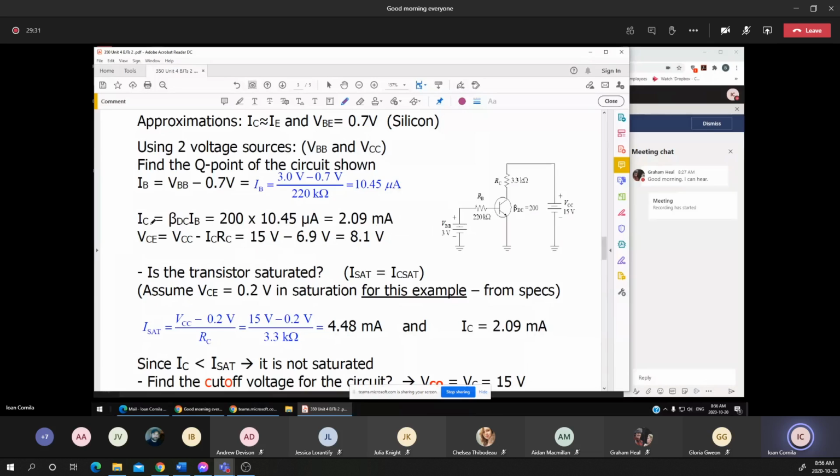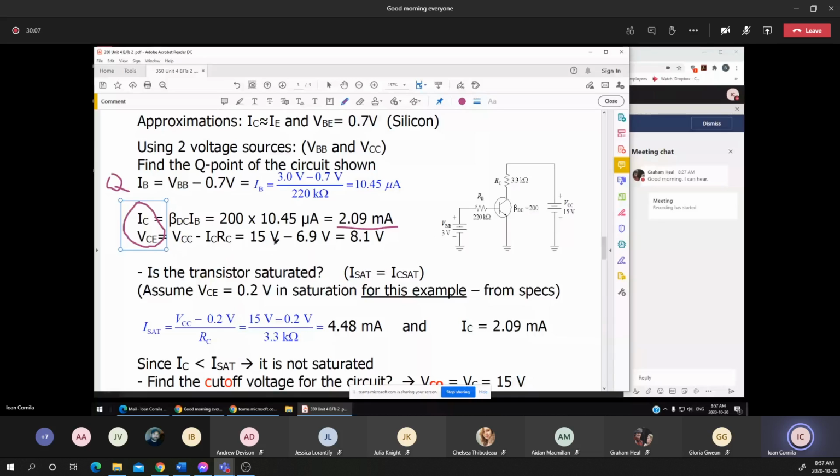It means that one of the two components for the Q point of this transistor is the IC, and the next one is the VCE. Again, applying the KVL in the output loop, or the collector loop, we can find that the VCC is equal to the VRC plus the VCE.